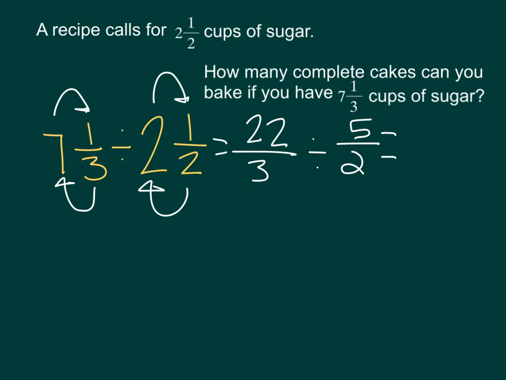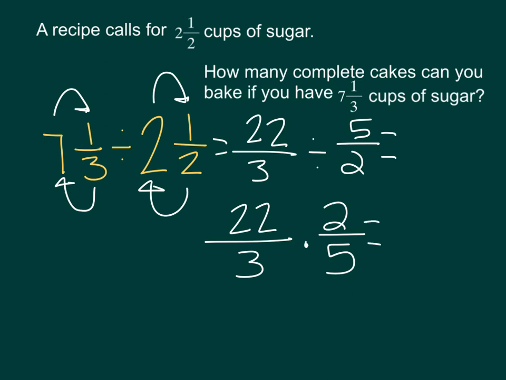We'll keep our first fraction at 22/3, change our sign, and use the reciprocal. We cannot simplify anything here, so we can go ahead and multiply across. 22 times 2 will give me 44, and 3 times 5 will give me a denominator of 15.